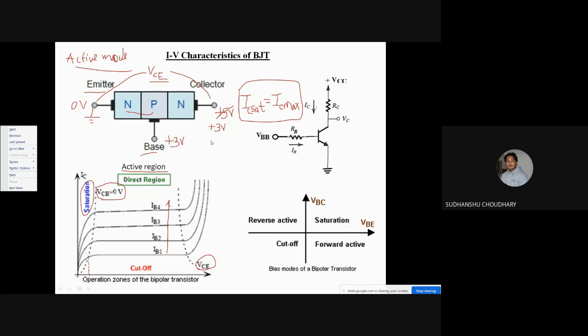Now let us further reduce the collector voltage from 3 volts to 0 volts, so that VCE is 0.